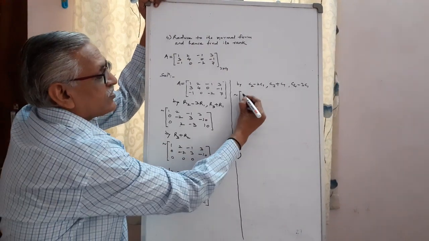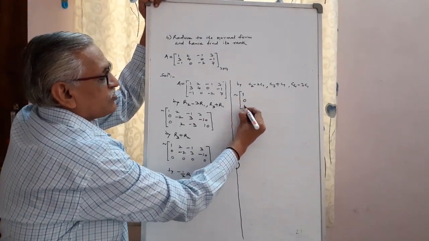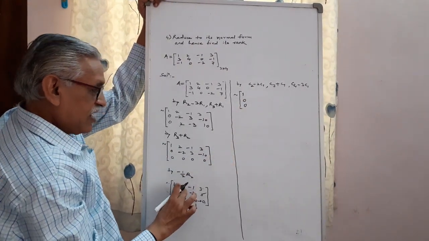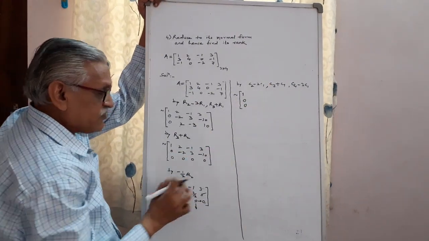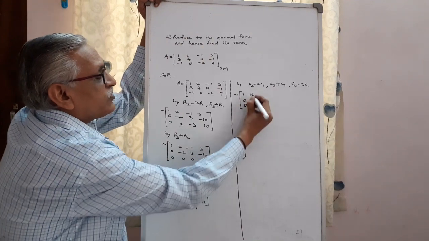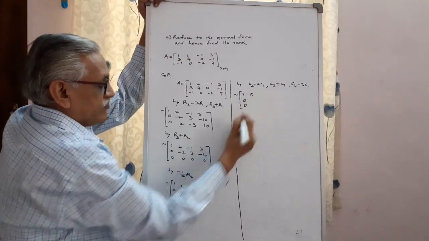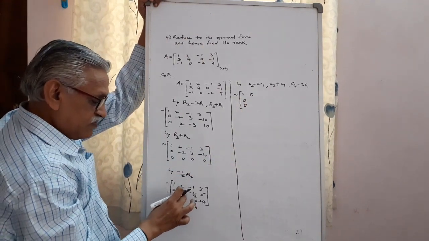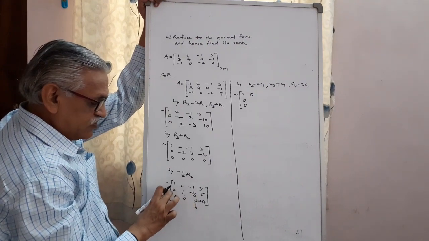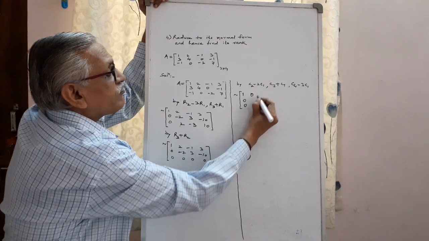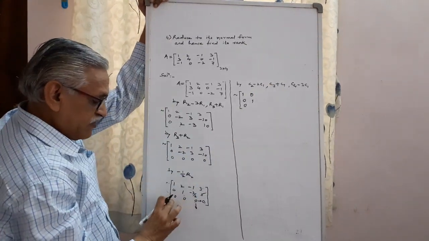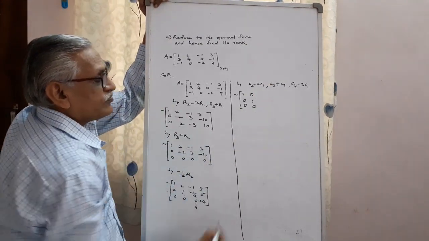Writing the first row, 1 0 0. Applying this, C2 minus 2 C1: 2 minus 2 times 1 is 0. The zeros remain 0, then 1 minus 2 times 0 is 1, and 0 minus 2 times 0 is 0.